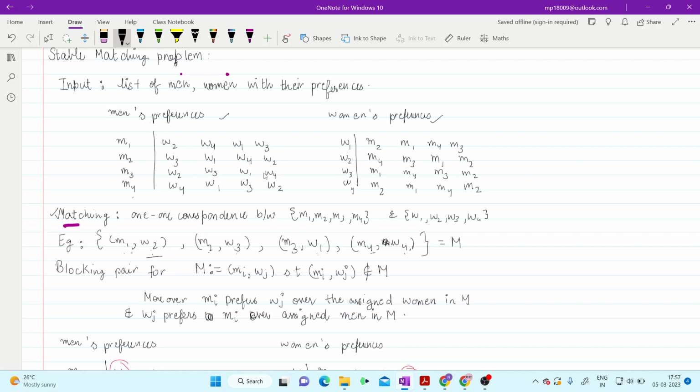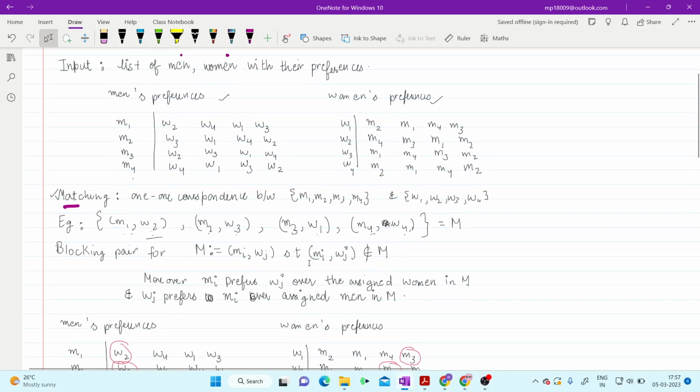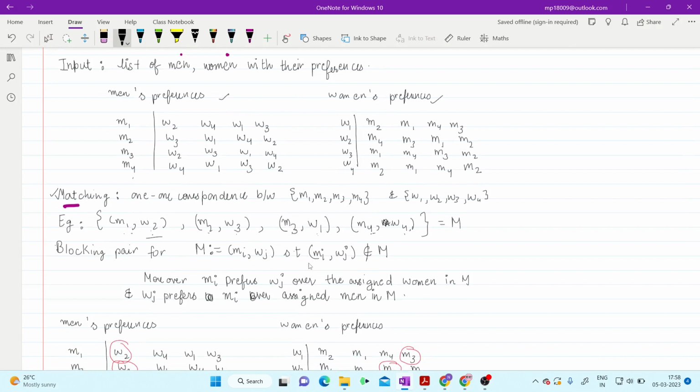But the question is to find a stable matching. So what do we mean by stable matching? Before defining stable matching, I want to define what a blocking pair is for a given matching.